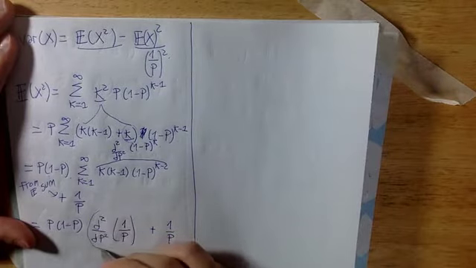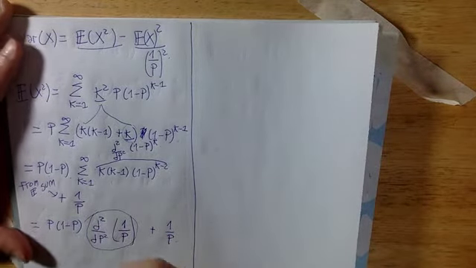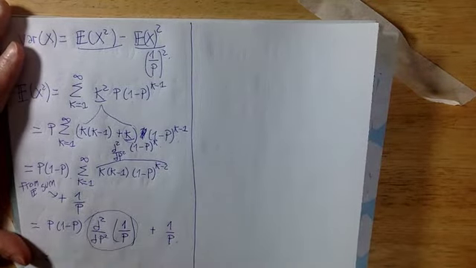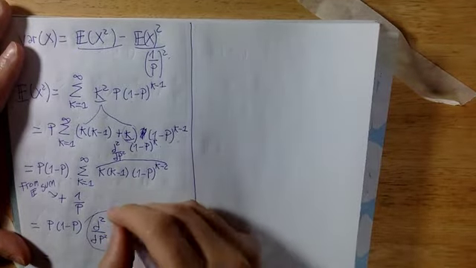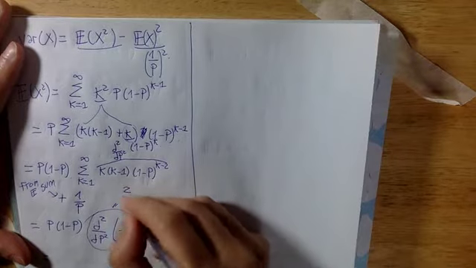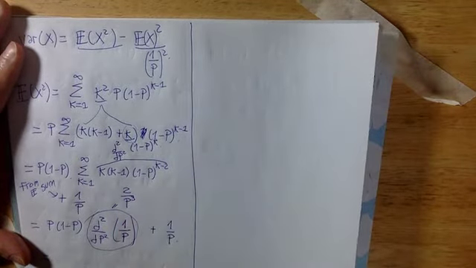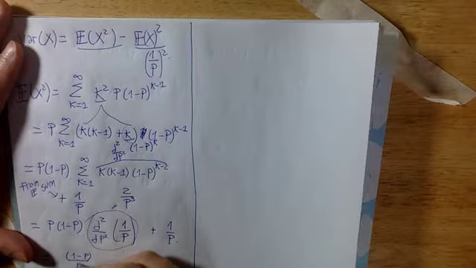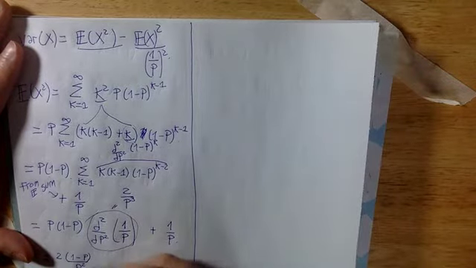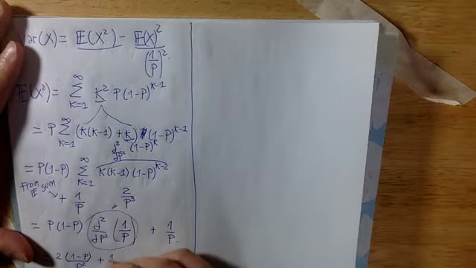And the second derivative of this guy is equal to 2 times 1 over p cubed. Okay, so we get 2 times (1 minus p) over p squared plus 1 over p.